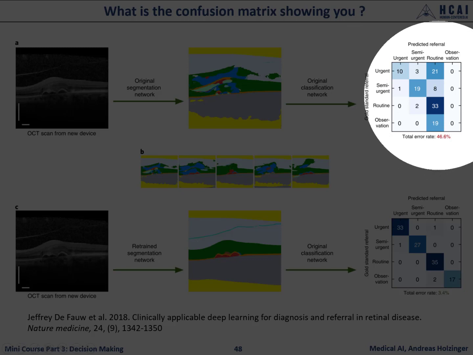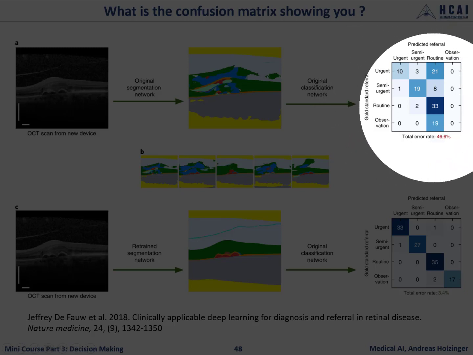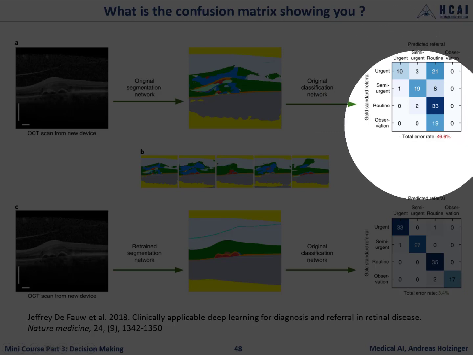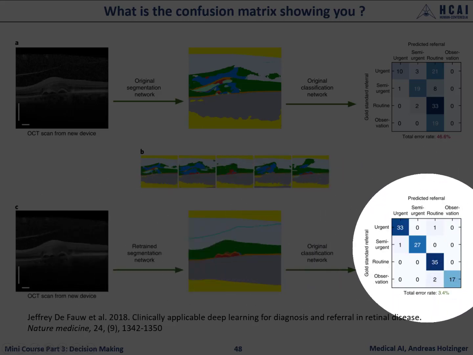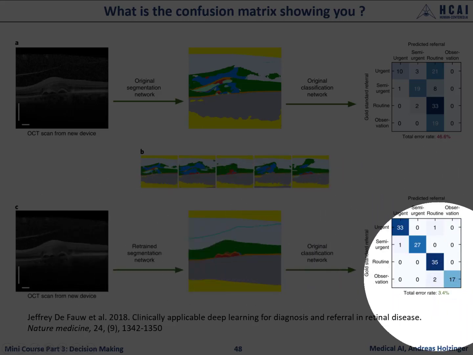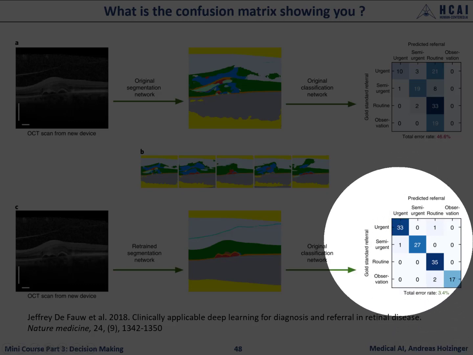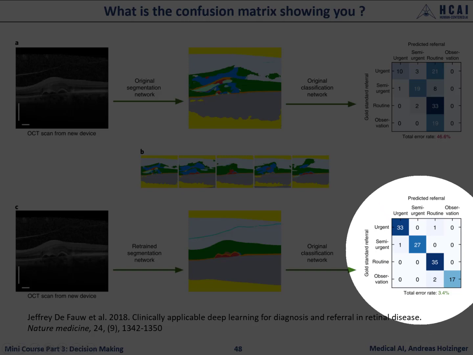Okay, but you see routine, we have 33 hits here and 21 here. So in the next round, after the next training, we see it's much better. We have only an error rate of 3.4%, and we see here and here we still have some outliers, and here it is not so good, but here is the best performance, you see.